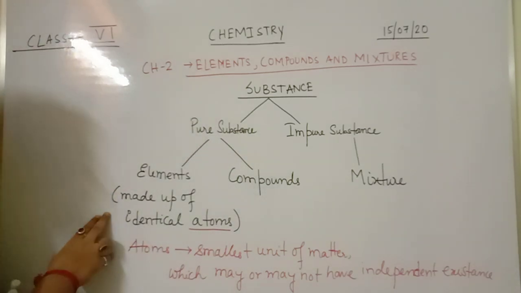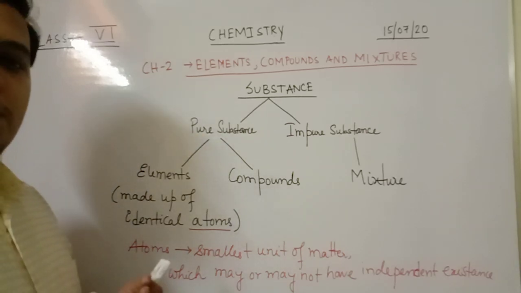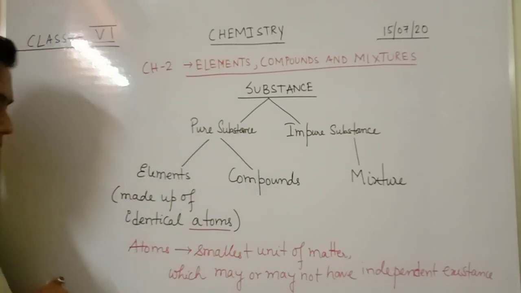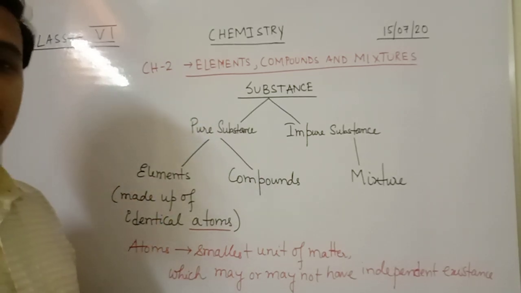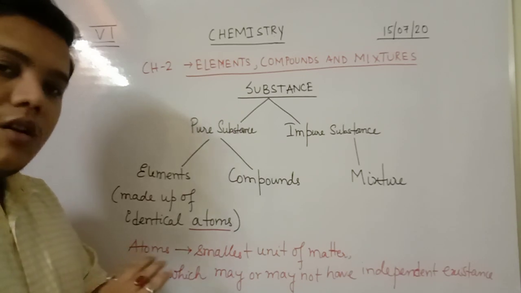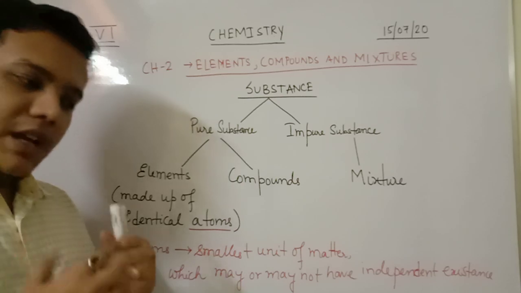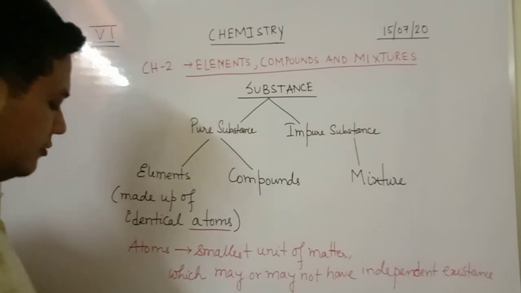So what is the definition of elements now? An element is a pure substance made up of identical atoms. Now these elements also have one unique property. They cannot be divided into two or more simpler parts by any physical or chemical means.